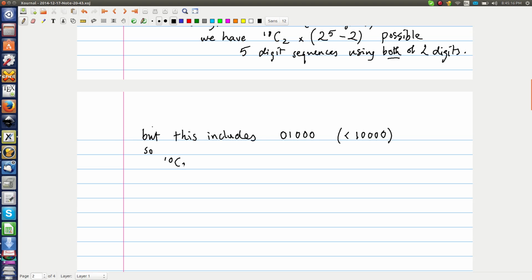So 10C2 times 2 to the 5 minus 2, let's simplify it now, equals 45 times 32 minus 2. 45 times 30, so what's that? That's 450 times 3. Hang on a minute.